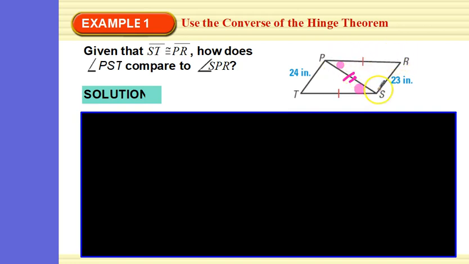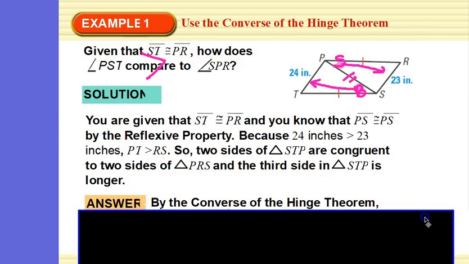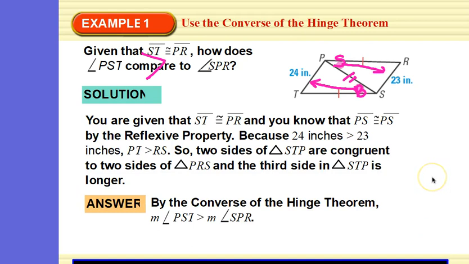This angle is 1 mark, 2 marks. So we're talking about the same length. So this one is opening up to 24, and this one's opening up to 23. So this is a smaller angle, and this is a larger angle. So I'm going to put B for big, S for small. Make sense? So what does that tell us? That tells us that angle PST is greater than angle SPR. Make sense?